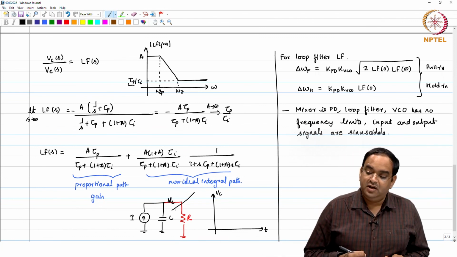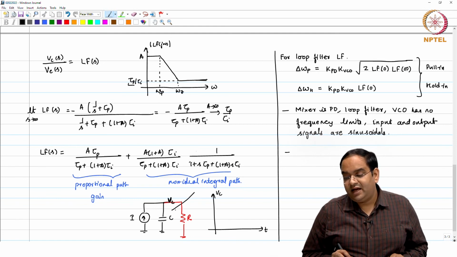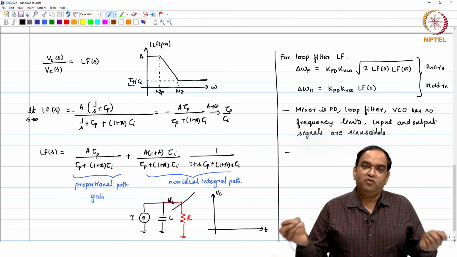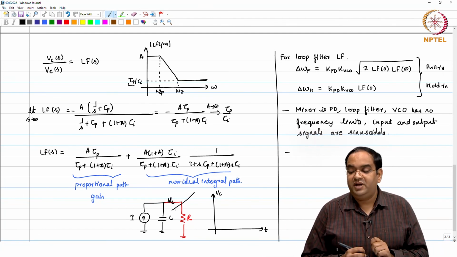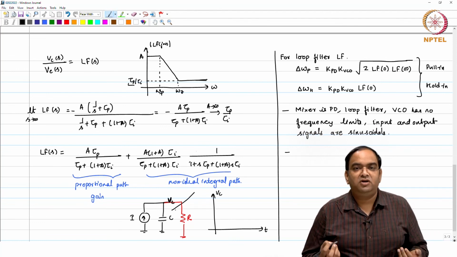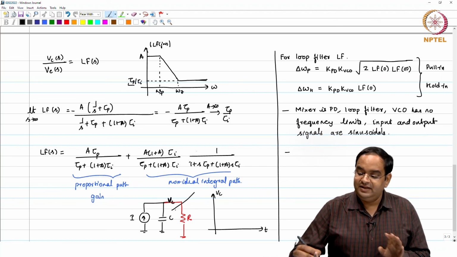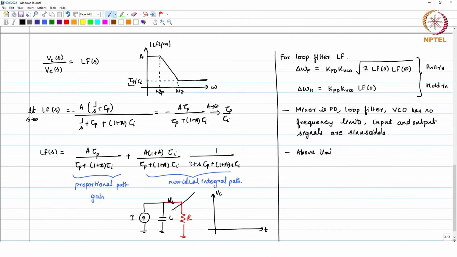Another thing here is that you may think this particular value of delta omega p is the limit, and the moment you cross this, the PLL cannot pull in. Well, these above limits are approximate limits.